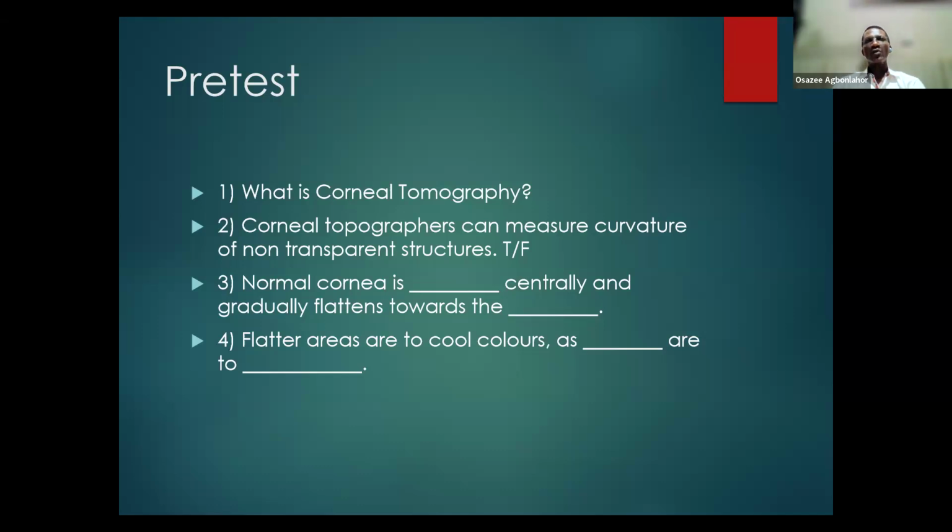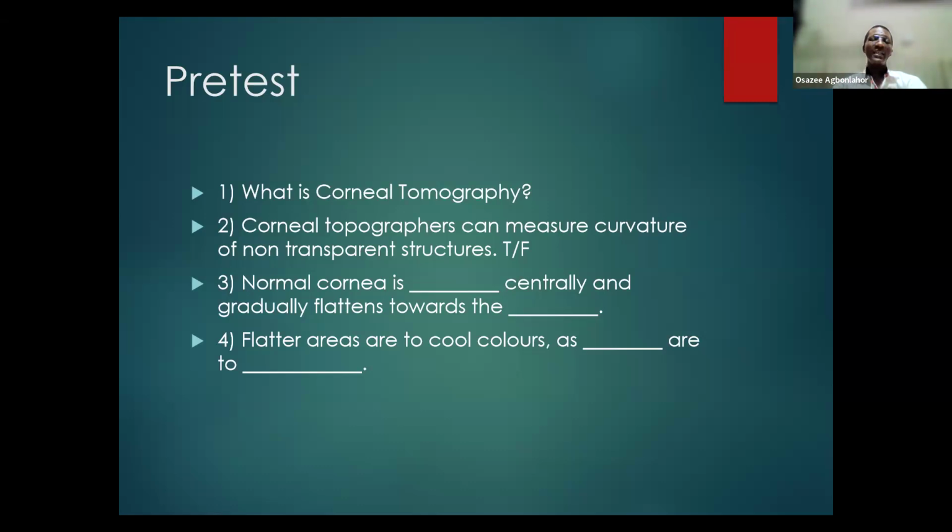The ones that only measure transparent structures are the ones that use the reflection principle, where they shine concentric circles on the surface, and the reflection from that surface is what is used to assess the surface.